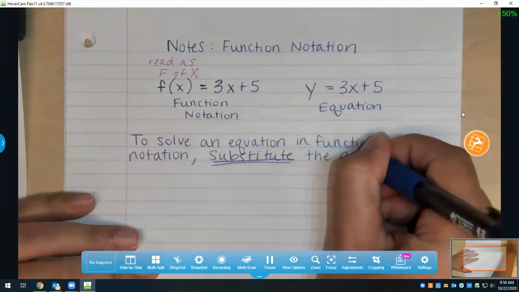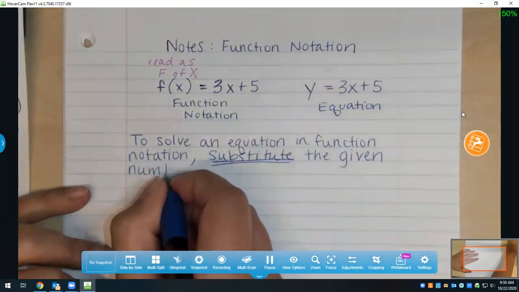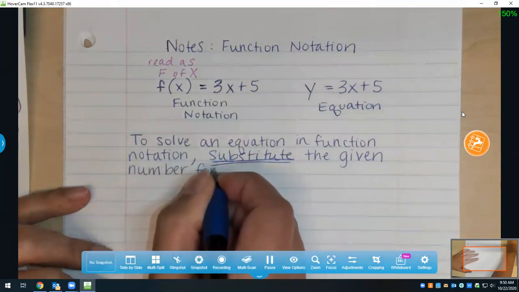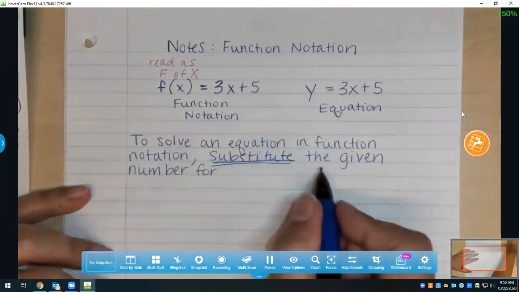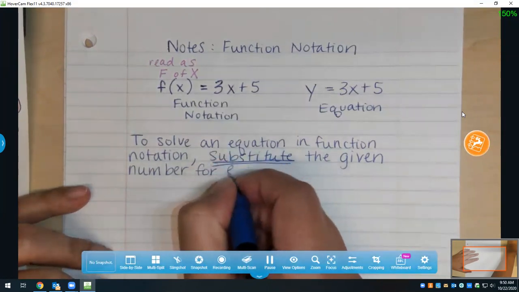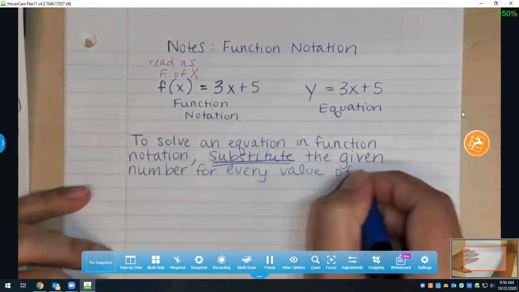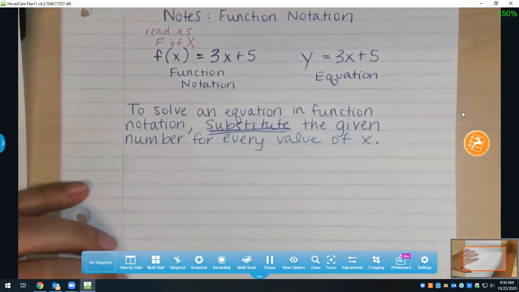The given number. This is the last bit of writing, right? Substitute the given number for every value of x. All right.